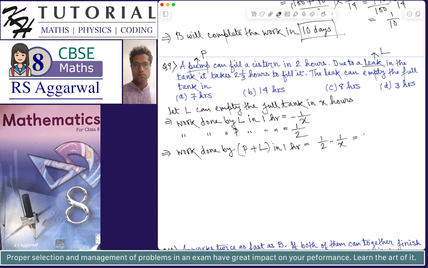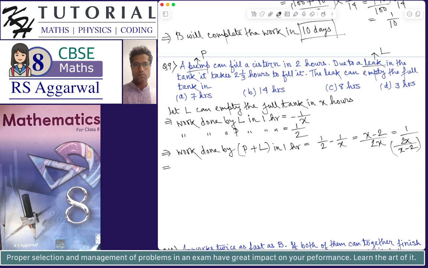This is equal to x minus 2 divided by 2x. This you can express in the form of 1 by n, then it will be 1 by 2x by x minus 2. So based on the assumption that the leak can empty the full tank in x hours, we have that work done by the pump and the leak in 1 hour is 1 by 2x by x minus 2.